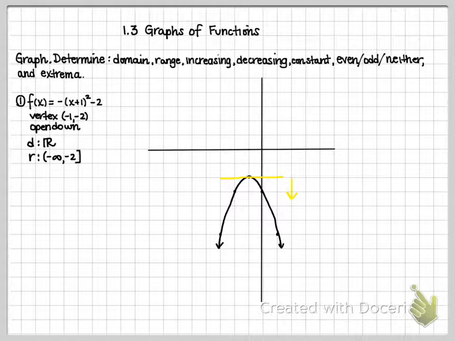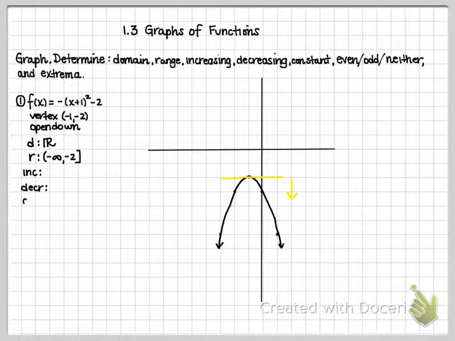Now, taking a look at this graph, the next thing that I want to talk about are my increasing, decreasing, and constant. Remember that these are intervals during which the y value is either getting bigger, getting smaller, or staying the same.